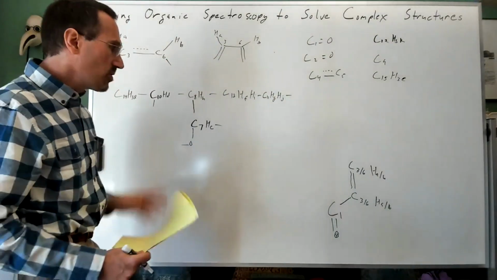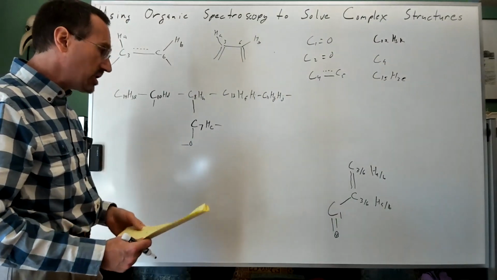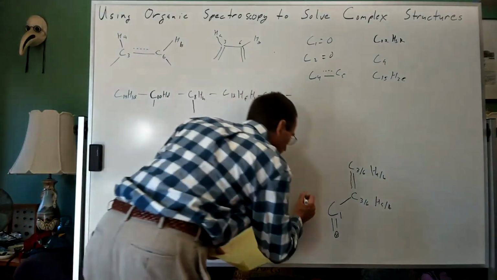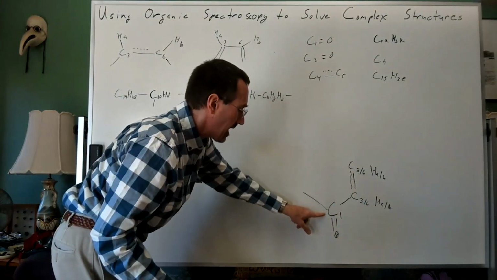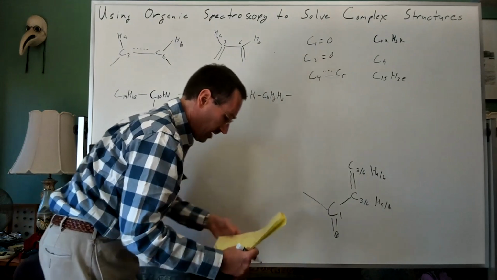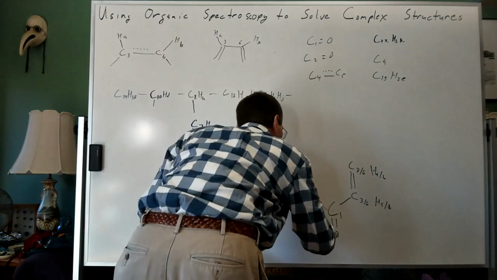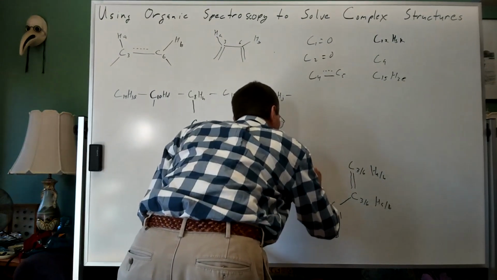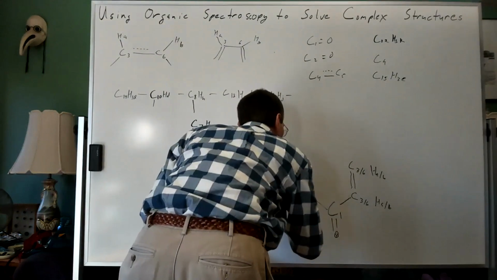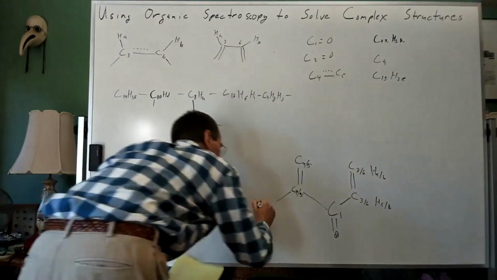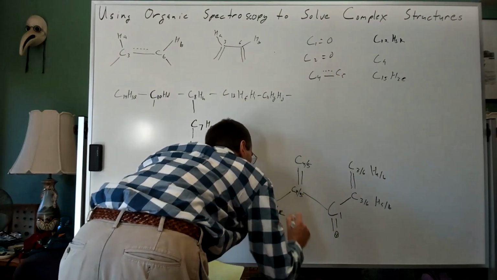Now that methyl group of C15HE, as I said, is really interesting because that methyl group can't be directly attached to the carbonyl. So that methyl group has to be attached to carbon 4 or 5. And so that's our methyl group C15HE.